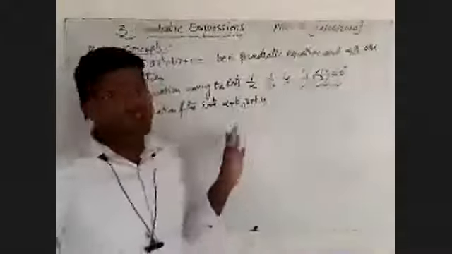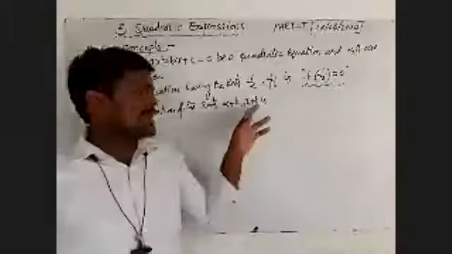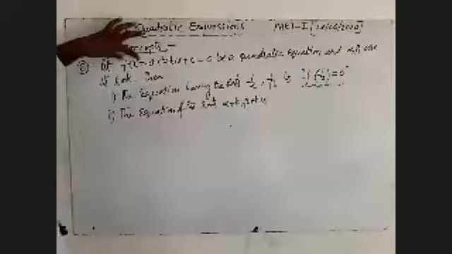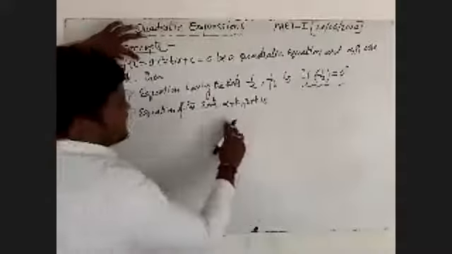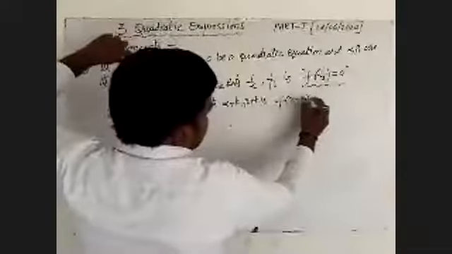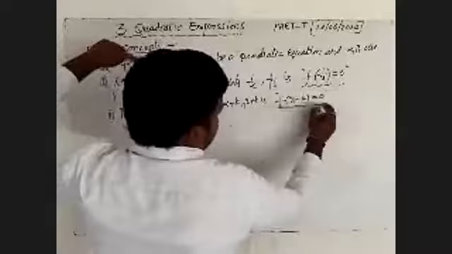After that beta plus k is equal to 0, then beta is equal to minus k. That is, the value is minus k. What is the given polynomial here? F of x. Considering the given constant is minus k, I will write f of x minus k is equal to 0. This is the second condition.